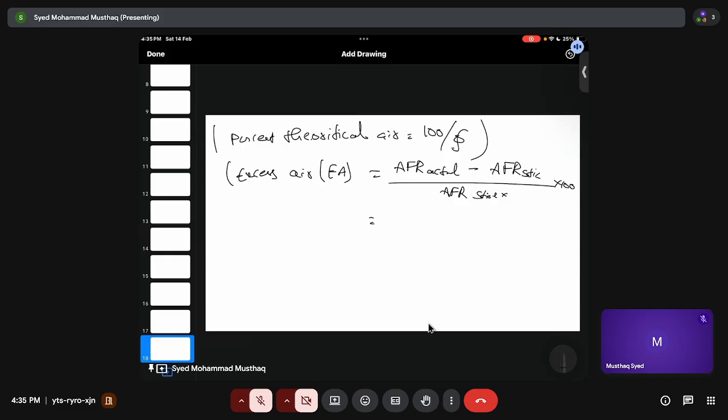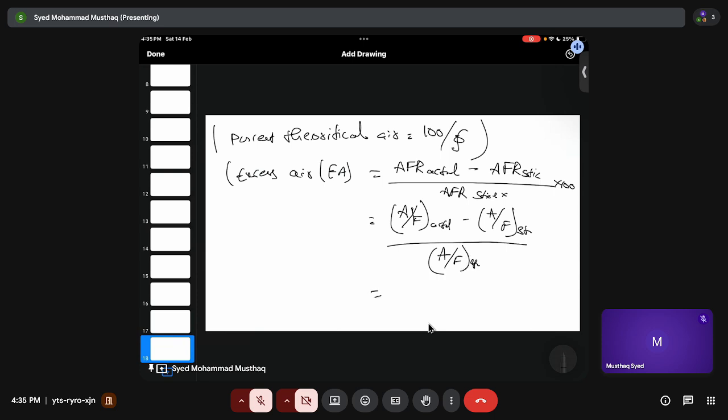Now what does that mean? Air by fuel actual minus air by fuel stoichiometric divided by air by fuel stoichiometric.